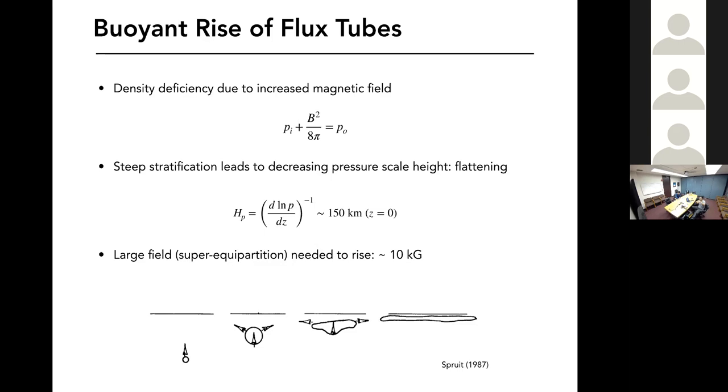So the net effect is that the larger pressure will press on the magnetic flux tube and squish it. It becomes flatter and flatter as it rises through the convection zone. This is what the cartoon down there shows, as predicted by Spruit.